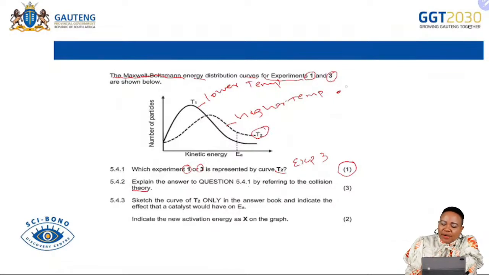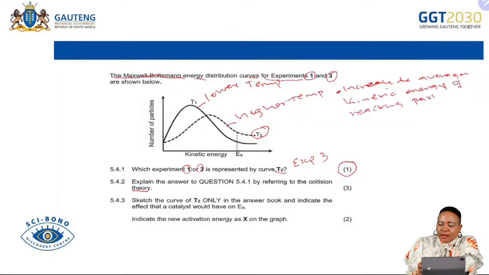We know that temperature increases the average kinetic energy of reacting particles. That is the first bullet on how an increase in temperature affects the rate of reaction.